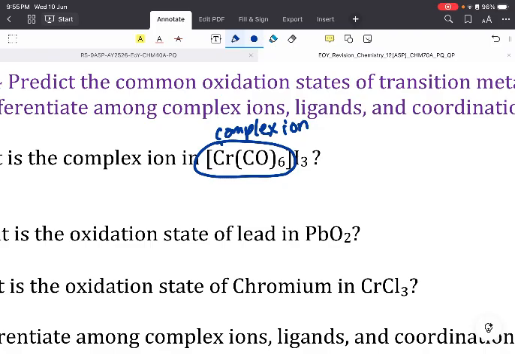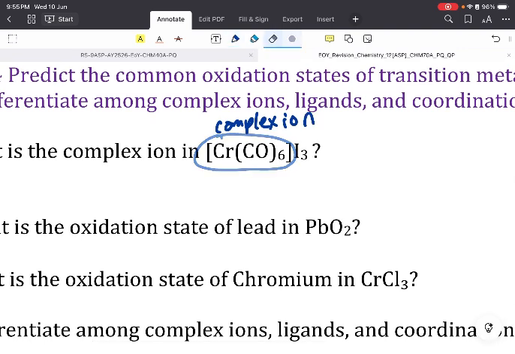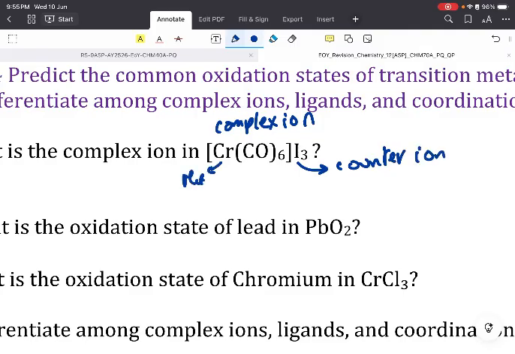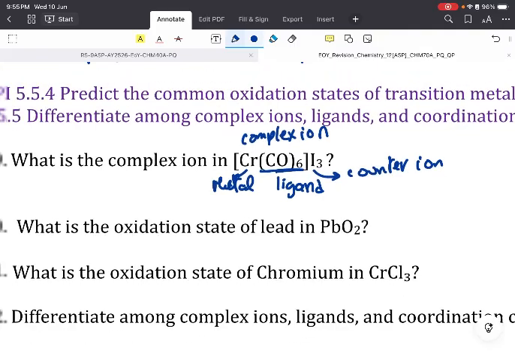It doesn't look like an ion because the charge is not showing. Whatever is outside the brackets I call the counter ion. Whatever comes after the metal is going to be the ligand.